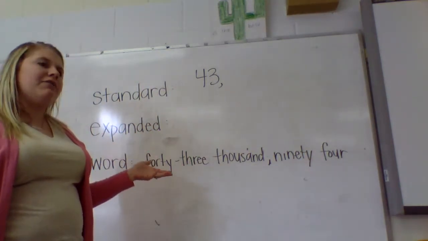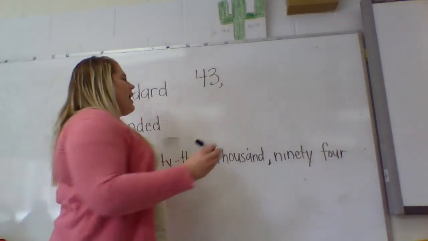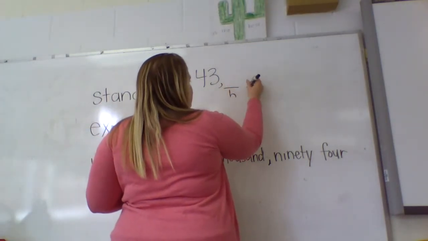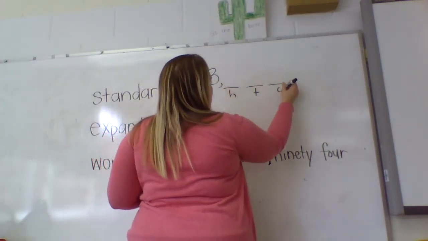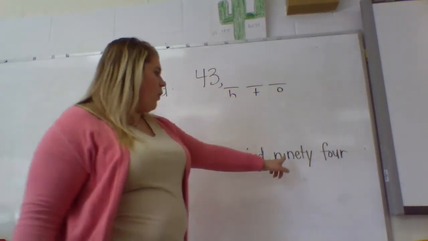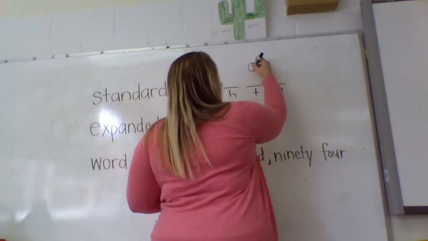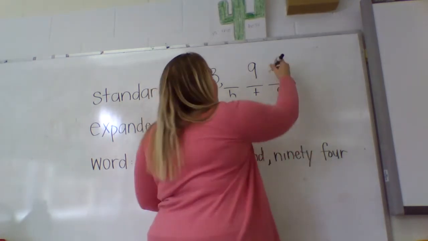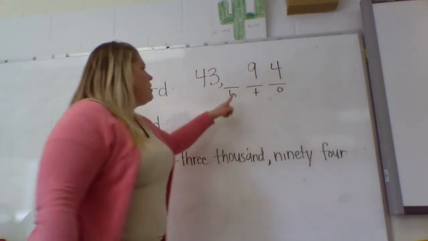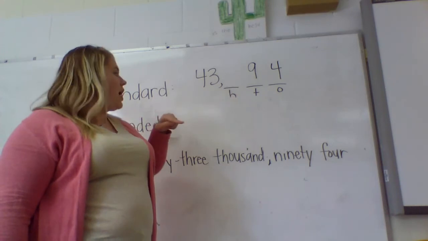If I just have 94, that means I don't have, remember this is hundreds, tens, ones. 94, that means there's 9 tens, there's 4 ones, but I don't have any hundreds.